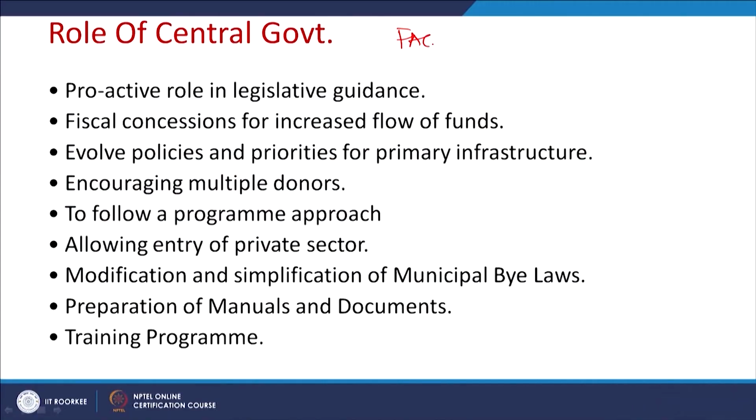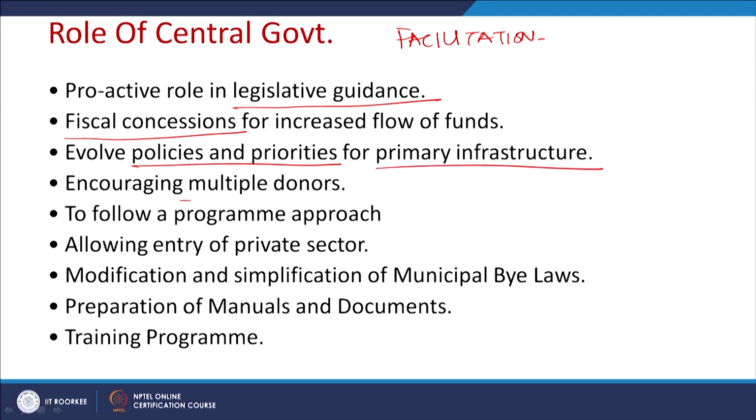Now, there are a few issues we discussed earlier, and therefore there are some roles of the central and state government. The central government's role is mostly policy oriented and facilitation oriented, like legislative guidance, fiscal concessions, policies and priorities for the primary infrastructure, and encouraging multiple donors, public and private.